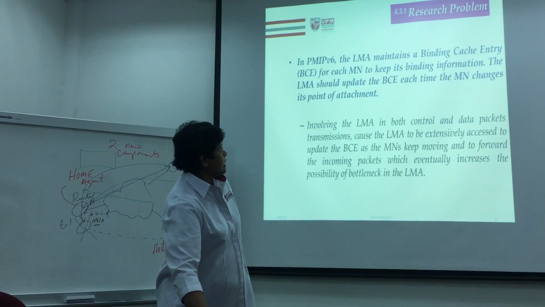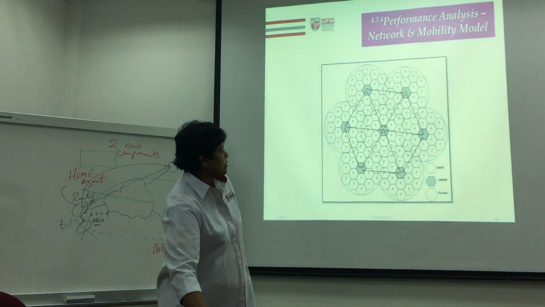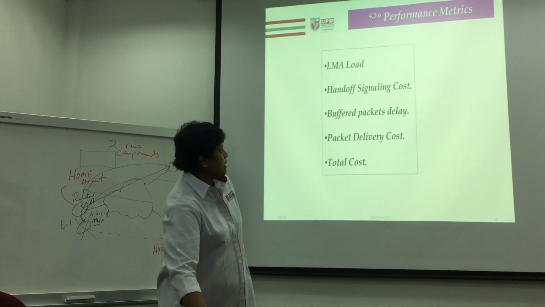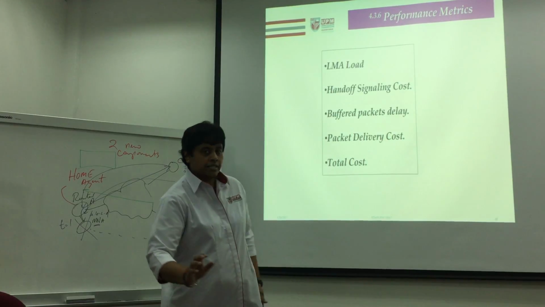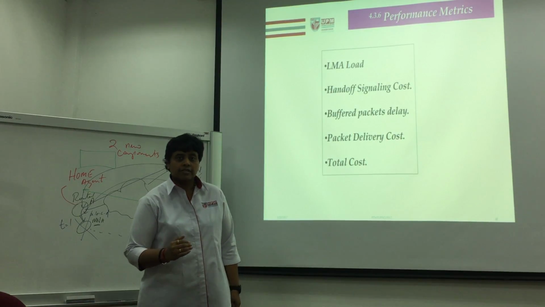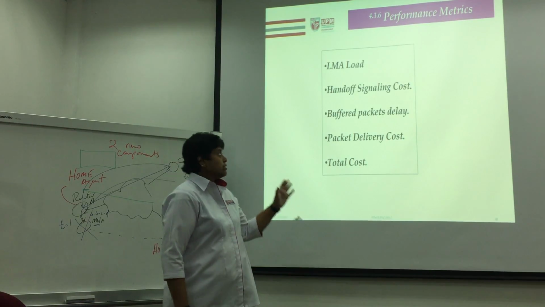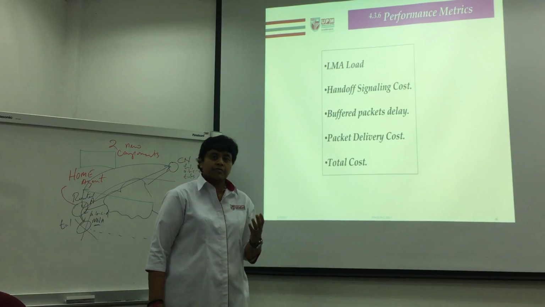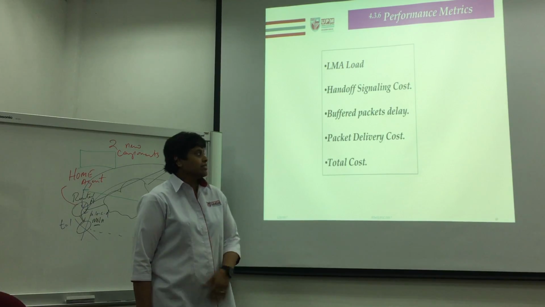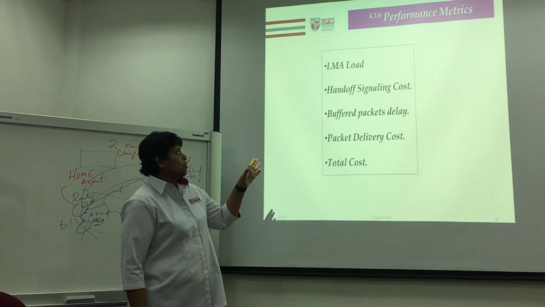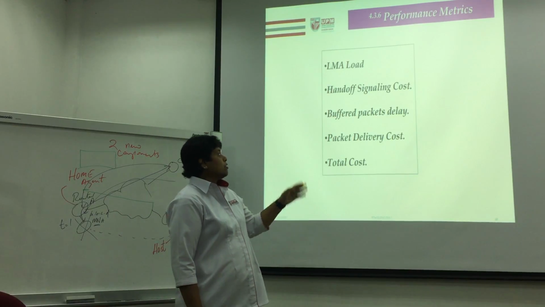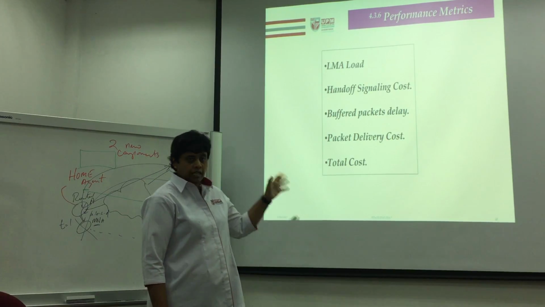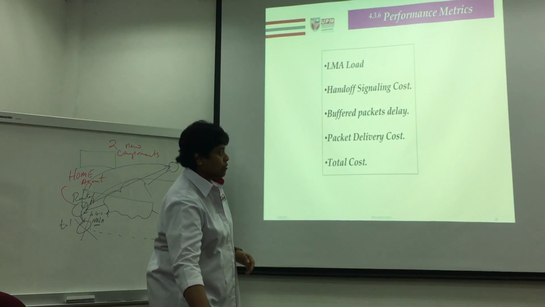Now what we have done, I will quickly show you, is that we have improved the solutions based on the performance metrics: the LMA load, the handoff signaling cost, the buffer packets delay, packet delivery cost, and total cost.